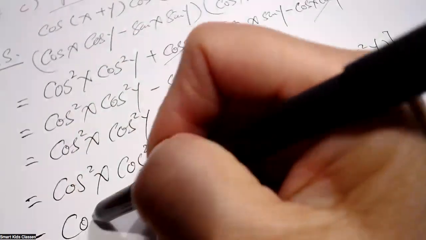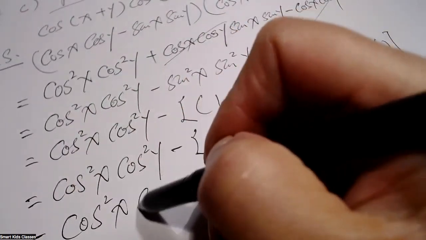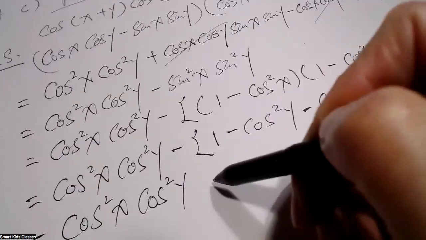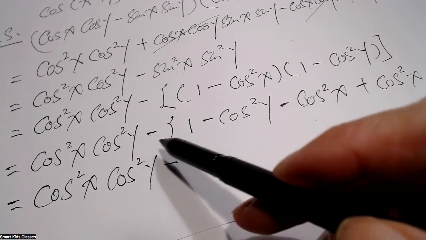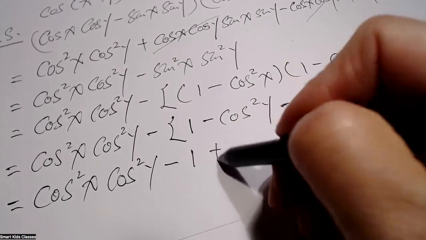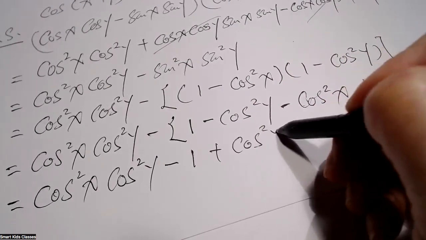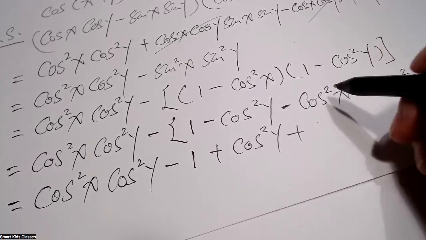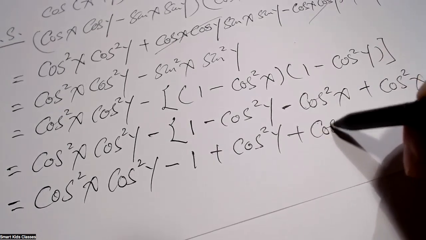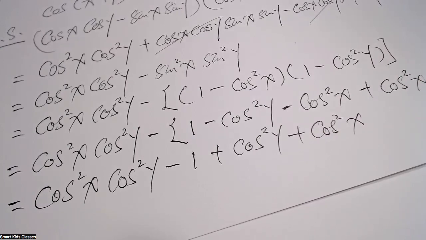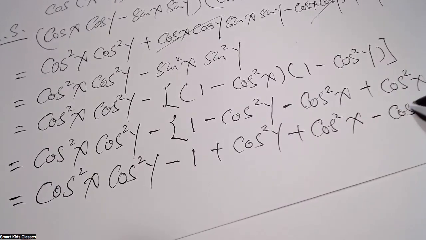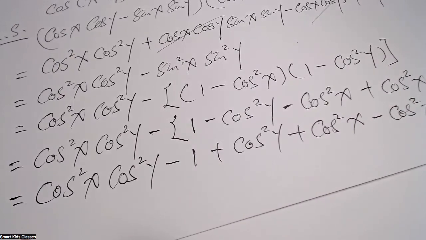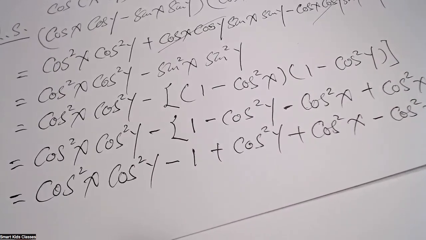When we apply the sign, we check if we are able to combine or cancel anything. So minus 1, plus cosine square y, plus cosine square x, and minus cosine square x and cosine square y.